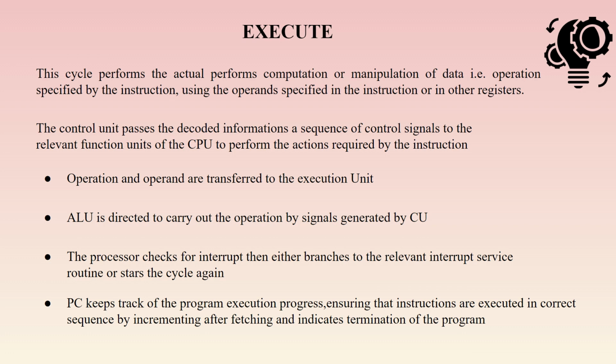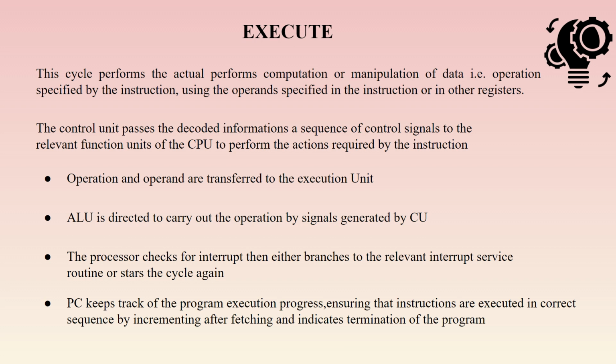The control signals generated by the control unit are passed to the ALU, which interprets them to carry out the desired operation. The ALU performs arithmetic calculations such as addition, subtraction, multiplication or division, or logical operations such as AND or XOR on the operand provided.